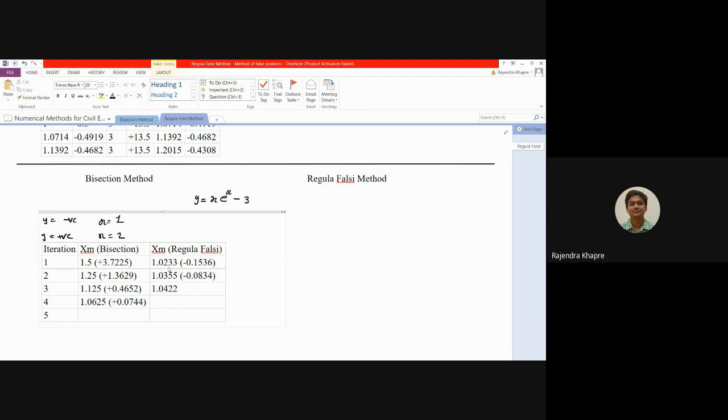The y value is minus 0.448. Third iteration of Regula Falsi, yes, 0.448. Okay, fine.